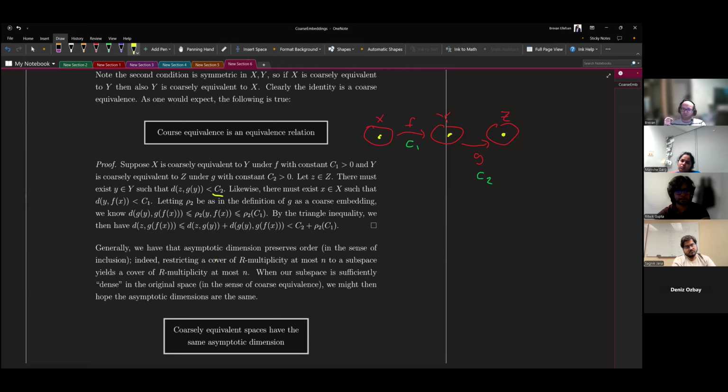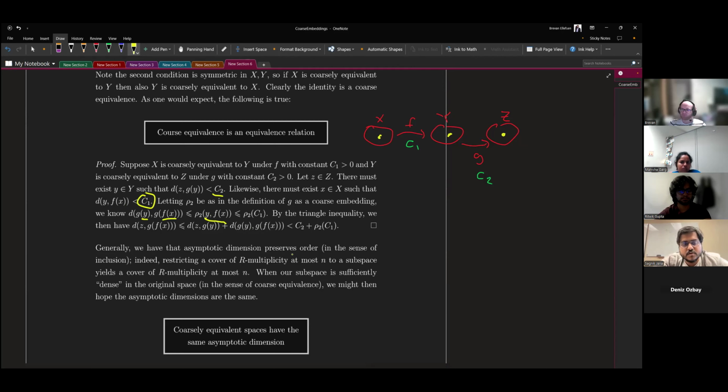And if you want to bound a distance between images, you can drop the images, but you have to add that rho 2 bounding from above. So we had y, f of x on the inside. We had the images of g outside. We can drop the images of g. We just have to bound it now by the rho 2 coming from g. And the distance between y and f of x is, of course, C1 here. So we get that it's bounded by rho 2 of C1, because rho 2 is non-decreasing, so it preserves the inequality.